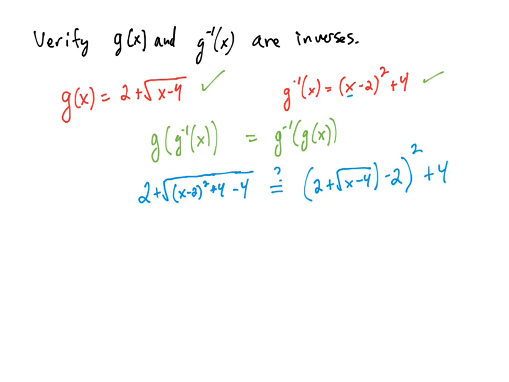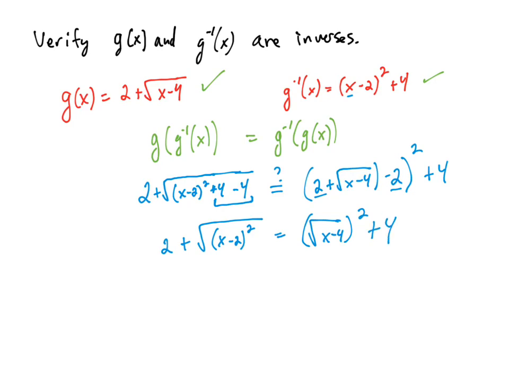plus 4. So we'll just do some simplification here. On the left-hand side, I have 4 and negative 4, so that's going to be 0. 2 plus square root x minus 2 squared. On the right, 2 and negative 2 are going to cancel, so we get square root x minus 4 squared plus 4.